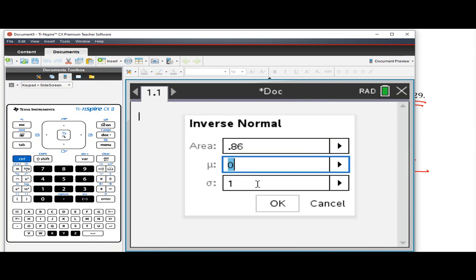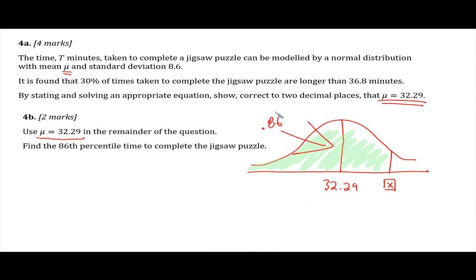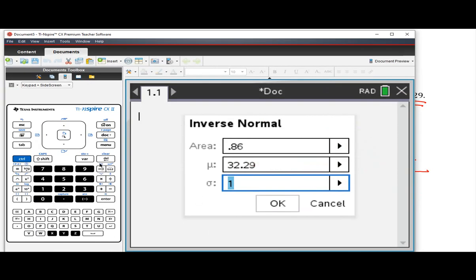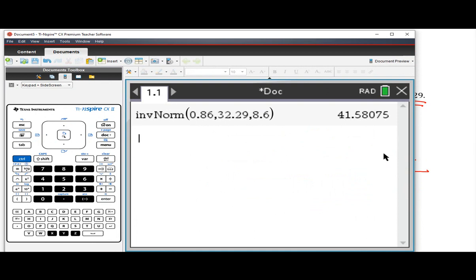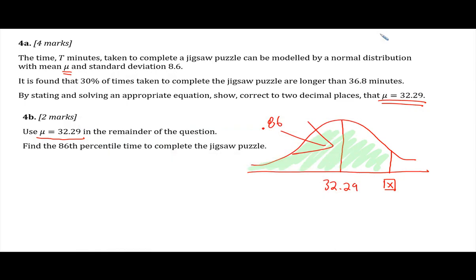Since we know both, we input 32.29 and the standard deviation 8.6. Click OK, and we get 41.6. So this x value is 41.6 minutes. That would put you at the 86th percentile.